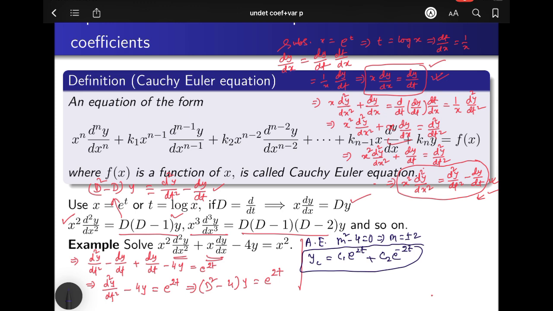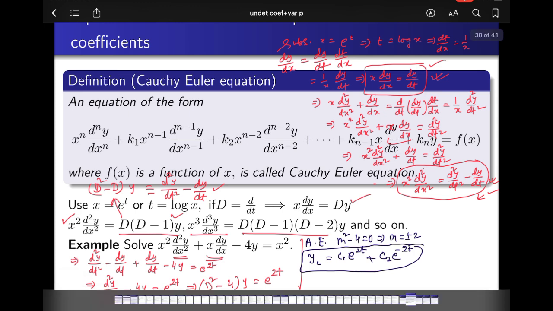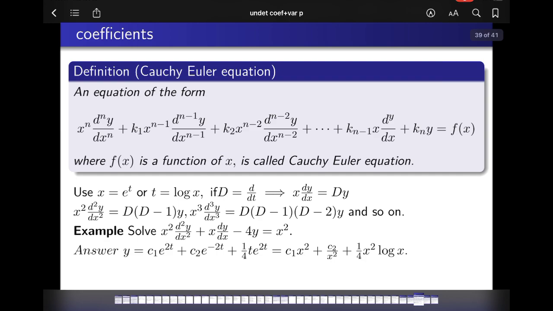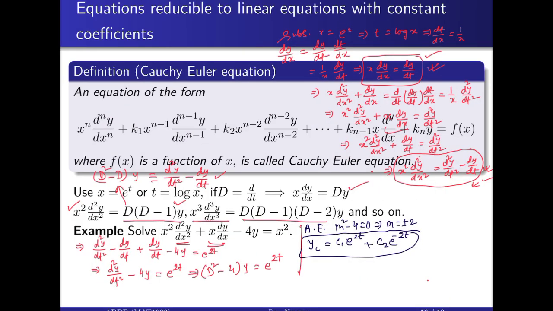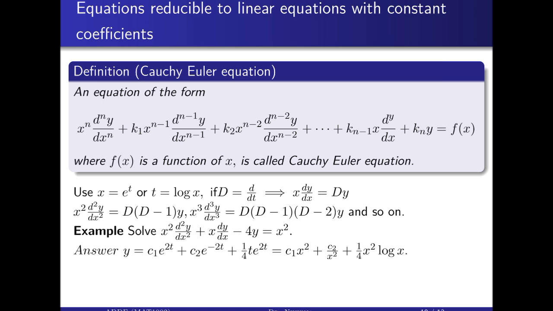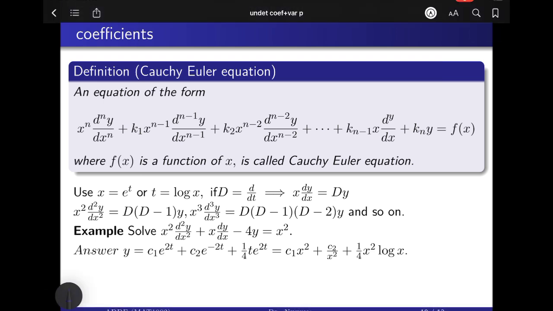Now next is what? yp we need to find. So let's find out yp, in the next slide. So what is yp? yp is 1 by D square minus 4 of e power 2t. So here you can see, if you put 2 in place of D, you get 0 here.